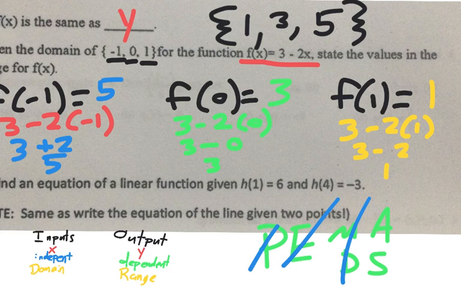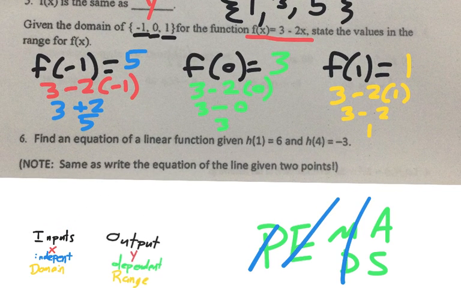So anytime we talk about the output, it's what we get in the end. Like right here, this says f of -1 was 5. That means my y value is 5. This means my y value was 3. It's just a fancier way to say it. Anytime you see f of x equals a number, they're telling you that the y value is that number.